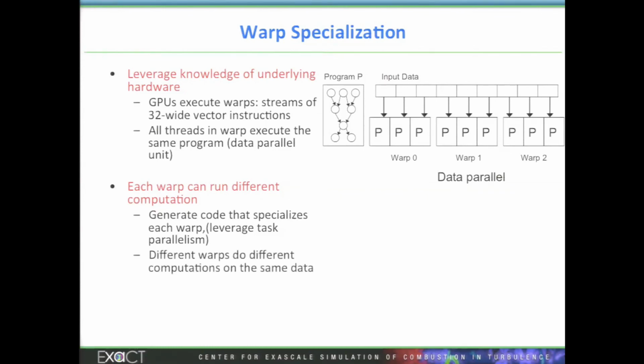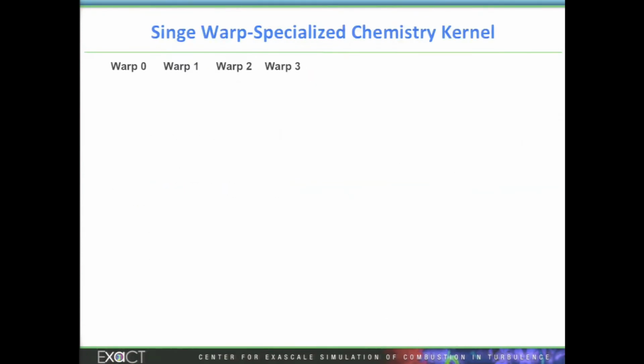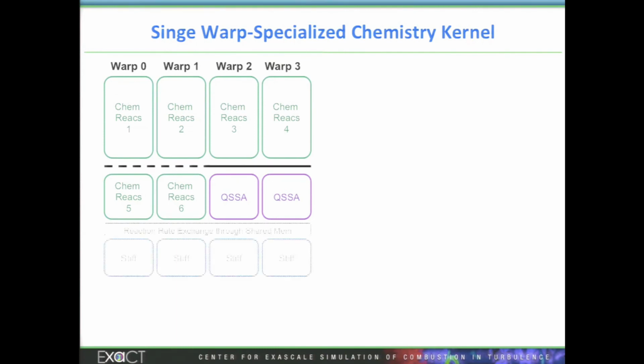Different warps do different computations on the same data, and this allows us to keep much of the data in memory while keeping more of the processors busy. And so we could fit large working sets on the chip. We divided up the chemistry kernel so that different warps compute different aspects of it.